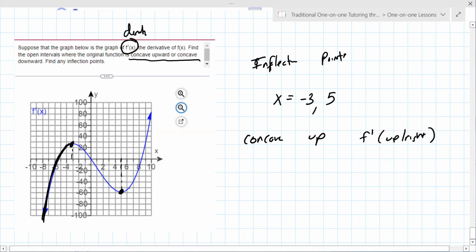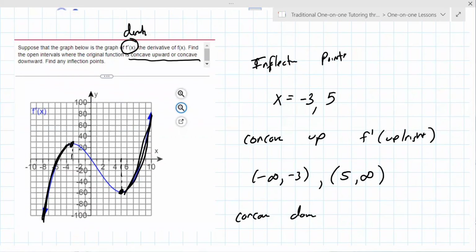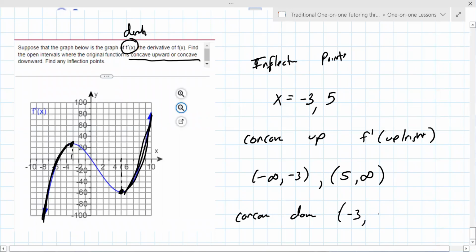And then this black over here, because it's going up and to the right. So from -∞ to -3, comma 5, comma infinity. And then concave down, the rule is, again, it's kind of unclear, but it's where it's going down and to the right. So from -3 to 5.